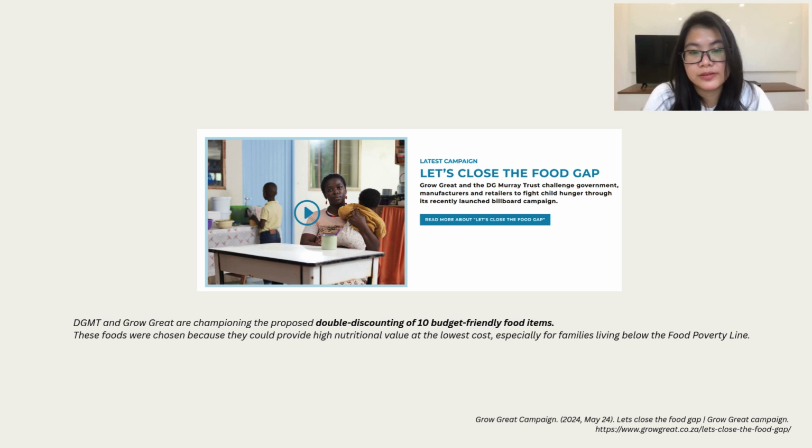So this encourages manufacturers and retailers to waive the markups of at least one product label off each of the 10 items. And of course, urging the government to support this by agreeing to provide the rebate to retailers and manufacturers, matching the value of their discount on these 10 foods.